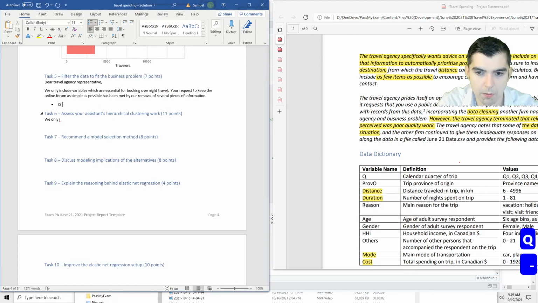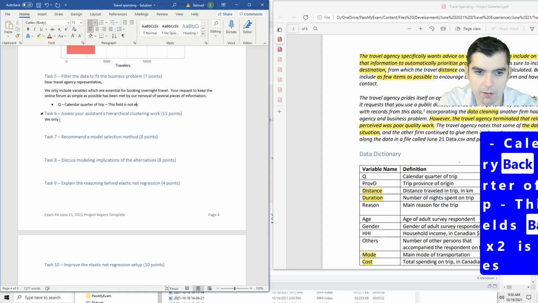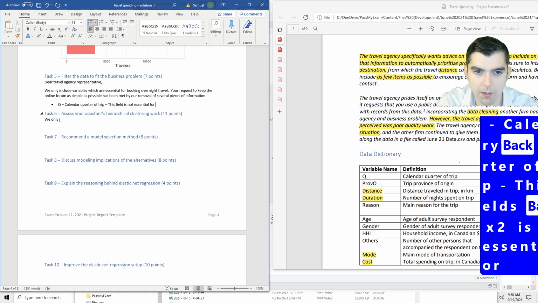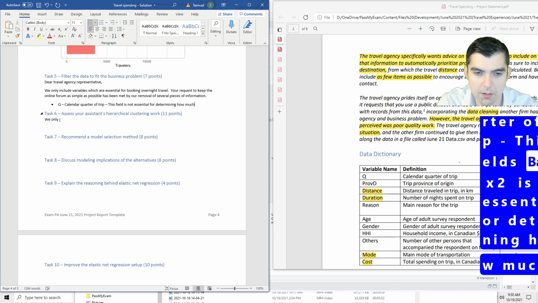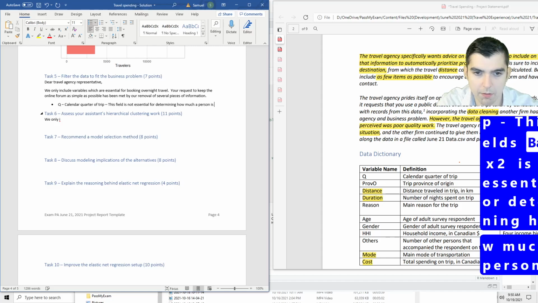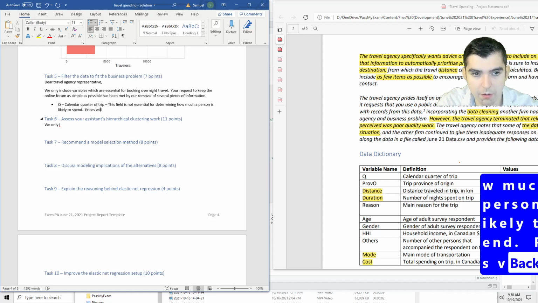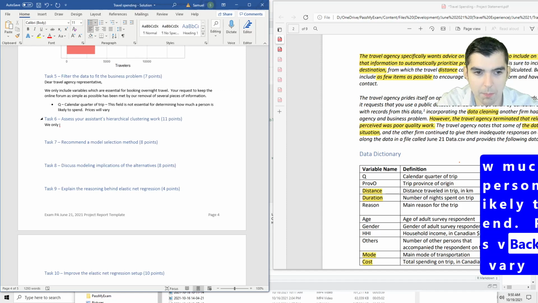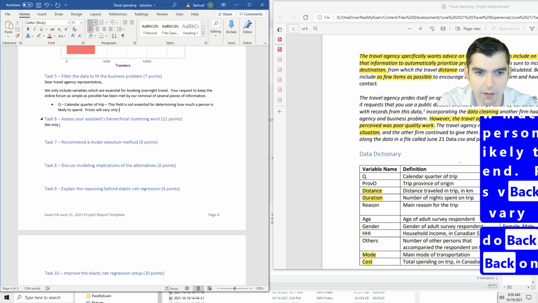Q of trip, this info field is not essential for determining how much a person is likely to spend. Prices will vary for different months, only slightly.